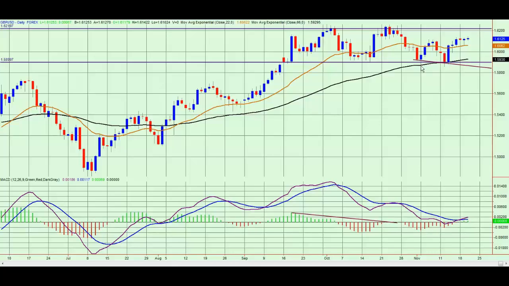Now we're going to go back into this area where it's come back down into this area of support, but you can see that there's a declining trend here. The price has created a lower low, so it's pushing down. But what's actually happening to the MACD in terms of momentum?